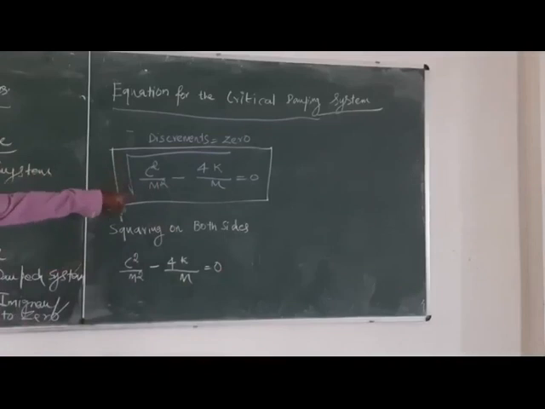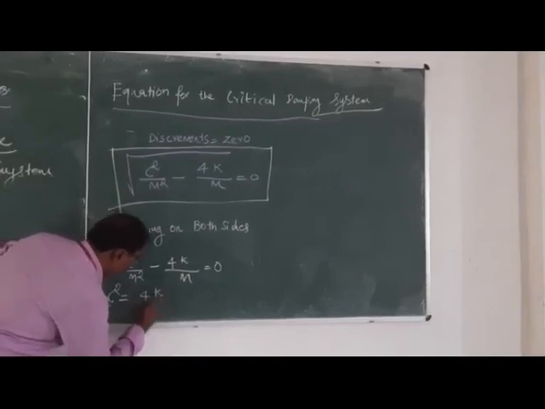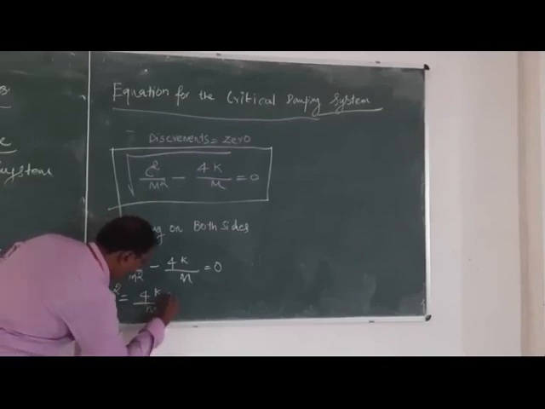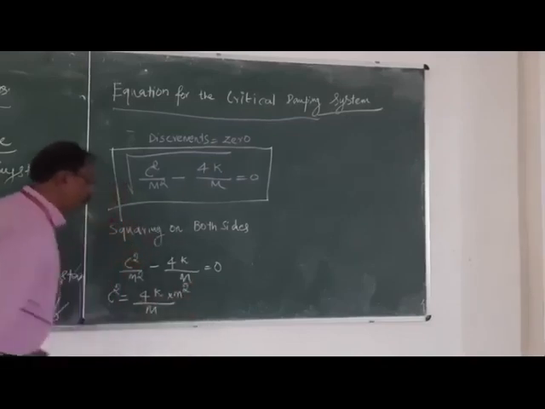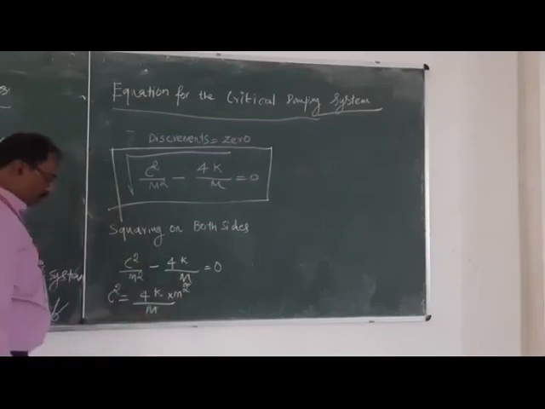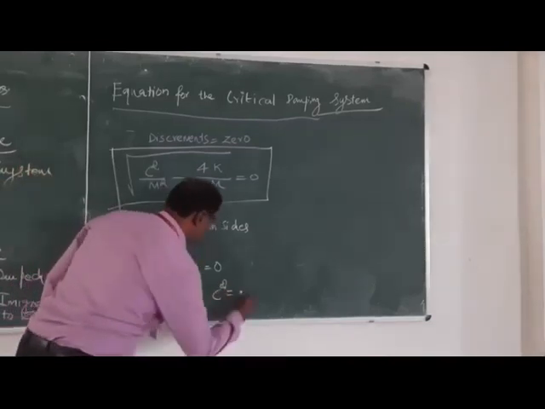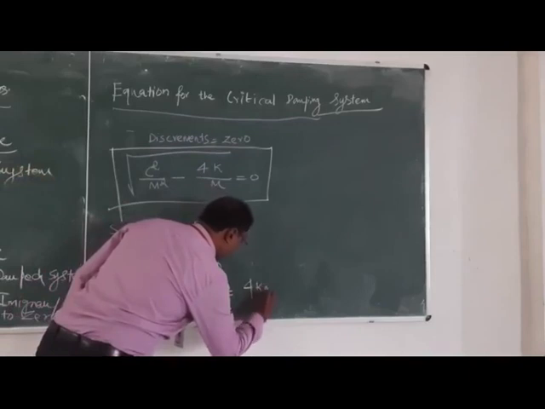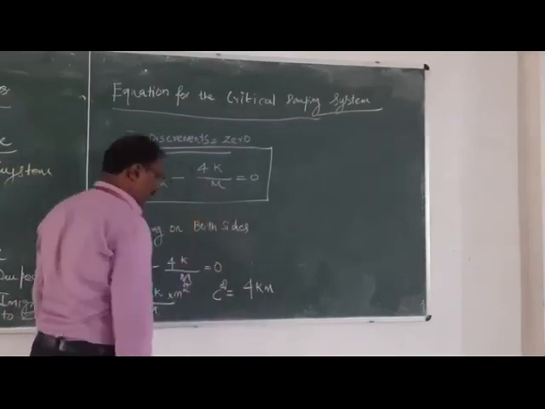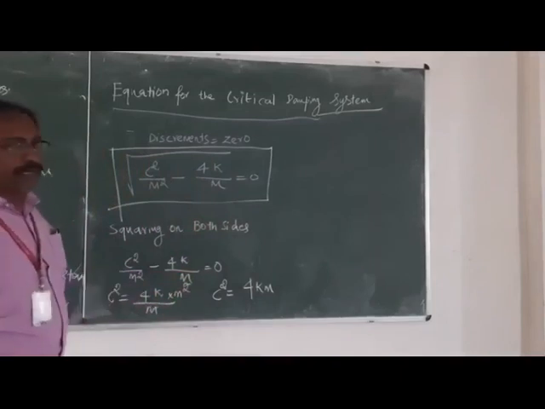If we square, the root will be gone. Here c squared is equal to m squared... We get the radical form.